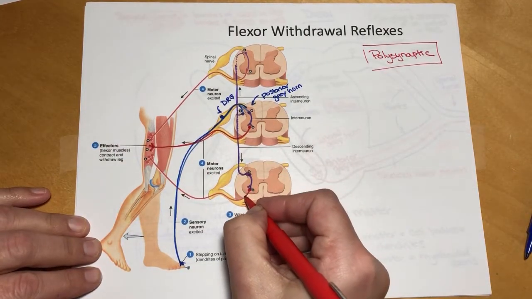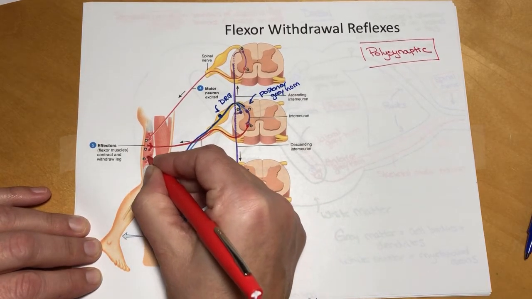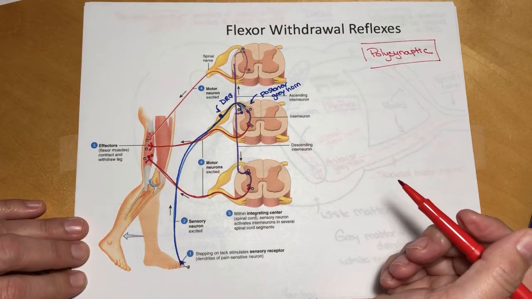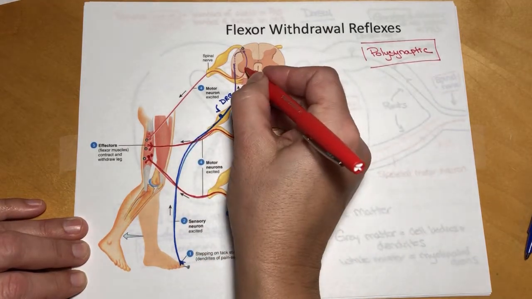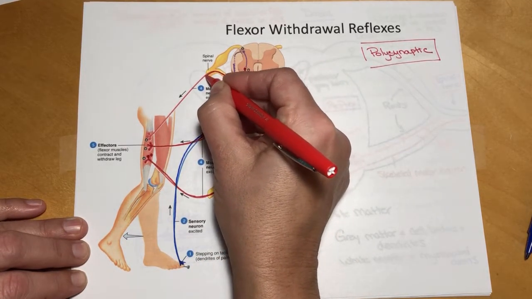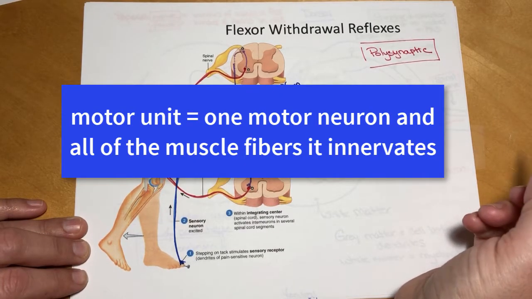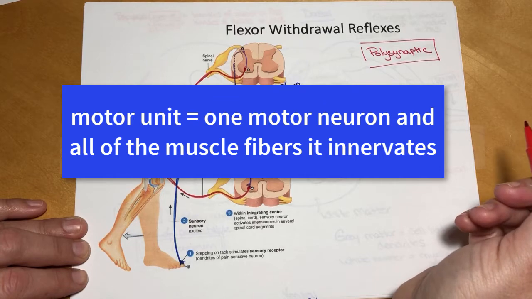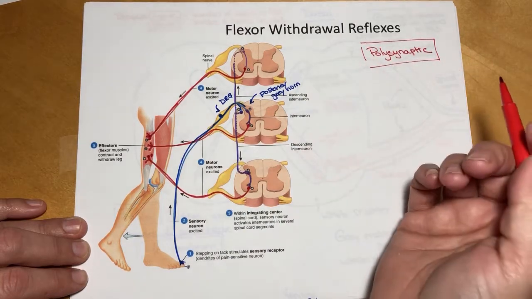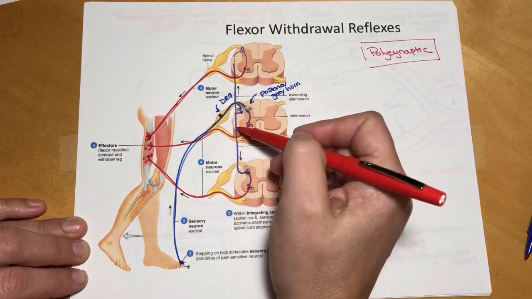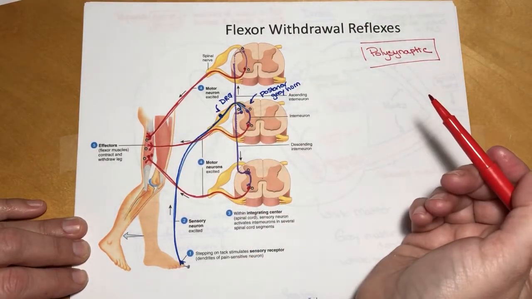So this is going to synapse with a motor neuron, which is also going to cause skeletal muscle contraction. And it will help because this is a really big muscle, and we need to have lots and lots of different motor units contracting at the same time. A motor unit is one motor neuron and all of the muscle fibers that it controls. So each one of these is controlling a lot of muscle fibers, and we can recruit other neurons to help with contraction of the whole muscle.